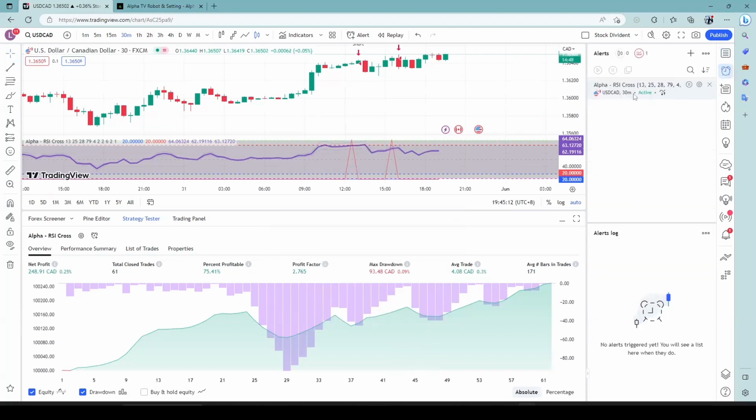This is the alert. By having this, as soon as there are signals, it will pop up on your phone immediately. So you don't need to look at the charts, and the robot will just be there to tell you when is the right opportunity.